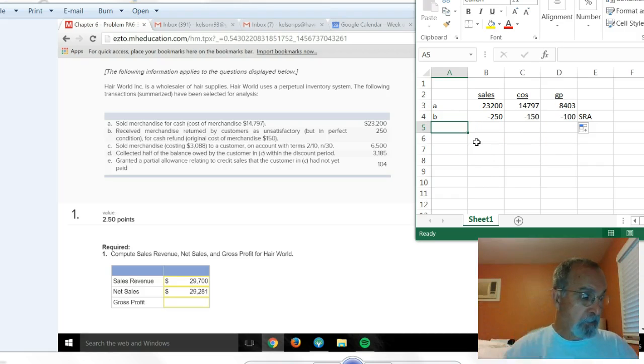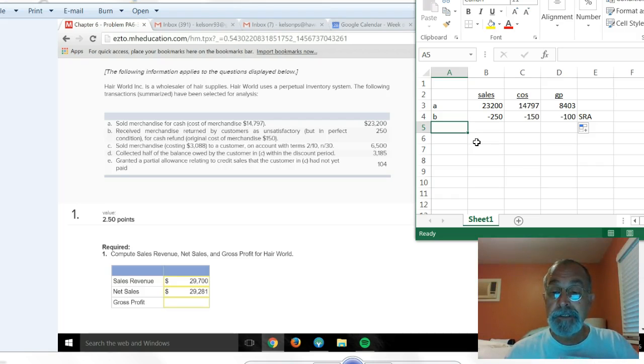Now that might be a little hard to understand initially, but we could talk about it at a later time maybe. But think about it. Essentially, this transaction, a sale return, is kind of like a negative sale.